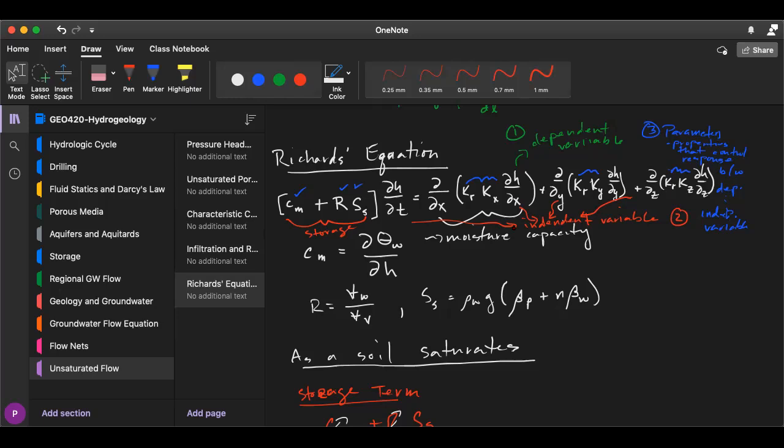It can be done, but for most people, most of the time for groundwater, they don't want to deal with Richards equation. It's too computationally expensive, and so most of our other mechanisms try to get around having to use Richards equation.